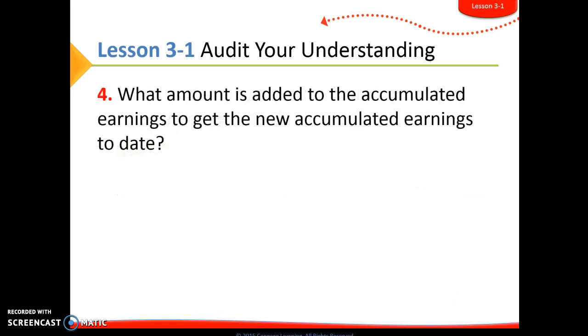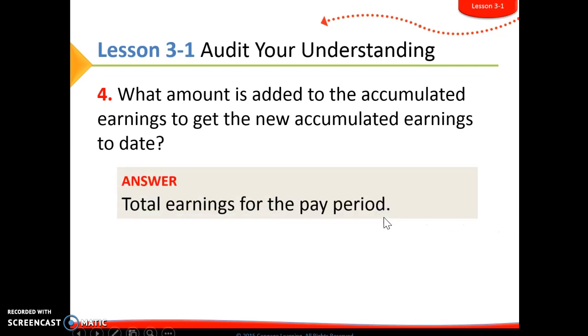And last question, number 4, what amount is added to the accumulated earnings to get the new accumulated earnings to date? That is the total earnings for the pay period. Remember, we don't add net pay, we add the total earnings.